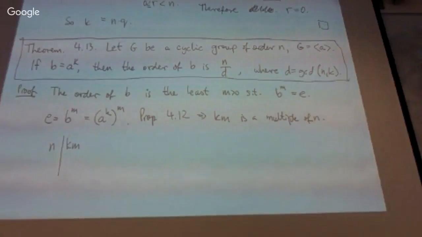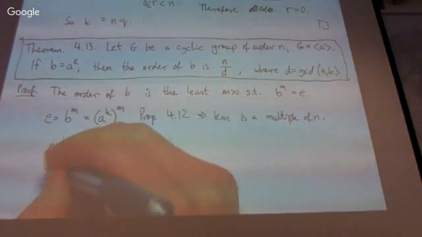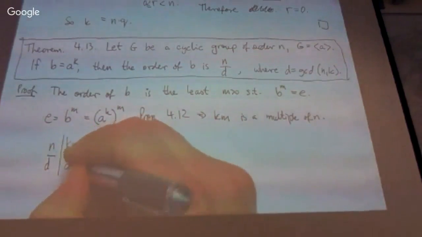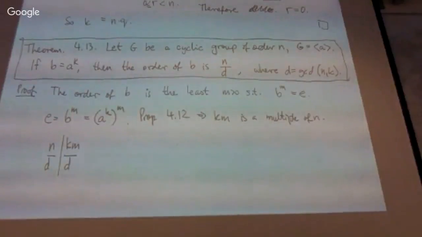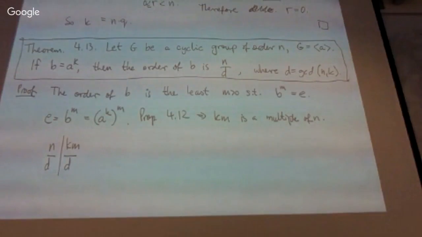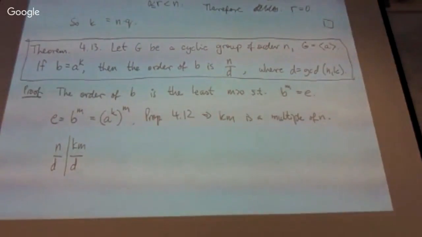Now from number theory, you know that if d is the GCD of n and k, and n divides km, then n over d divides km over d.